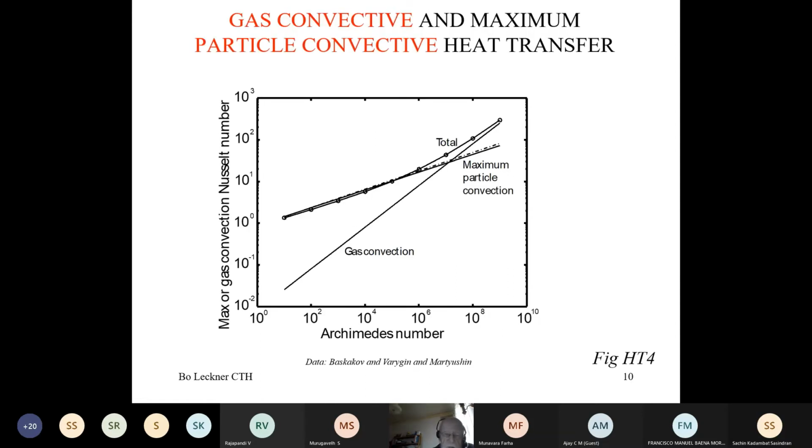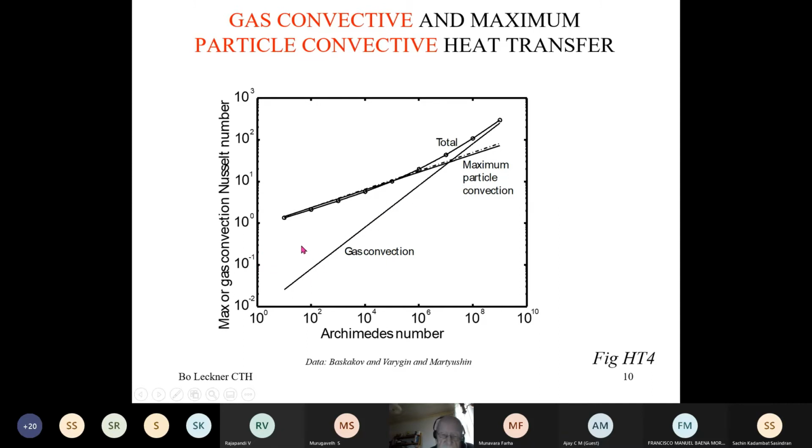Here is an illustration of the various components, gas convection and particle convection. This curve is gas convection, and this curve is particle convection at the maximum heat transfer. And as I said before, gas convection is very small.